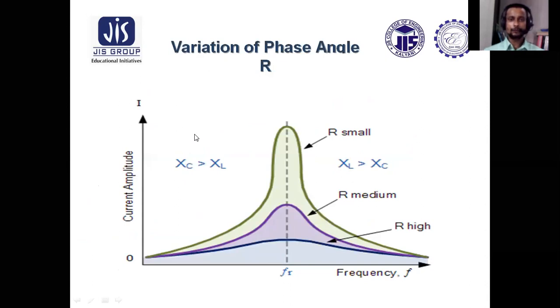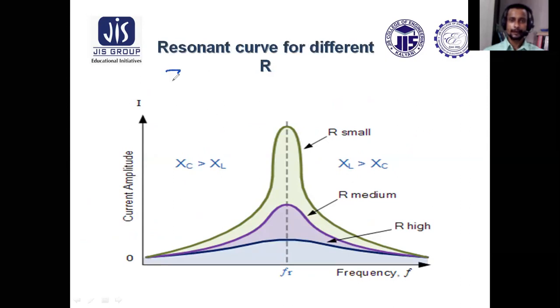Now, what's the effect of resistance on the resonating curve? At resonance, Z equals R. If R increases, then I will decrease.